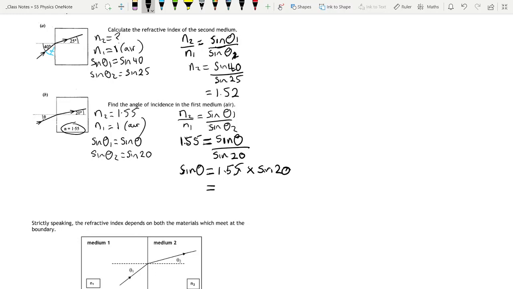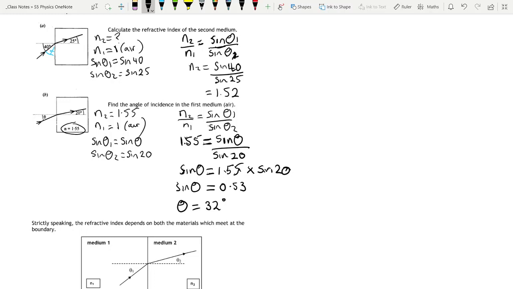And so sine theta 1 comes to 0.53, but we haven't answered it yet because that's just the sine of the angle. We want to know what the angle is. The angle is inverse sine of 0.53, which is 32 degrees.